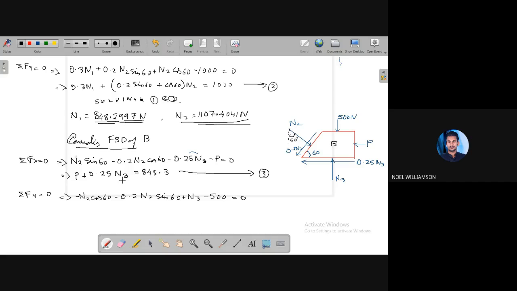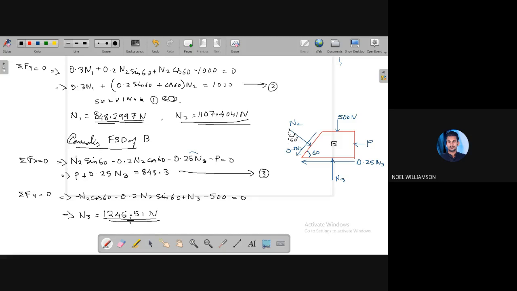Here also we can substitute the value of N2 and you will find the value of N3 from here. That is N3 equal to 1245.51 Newton.